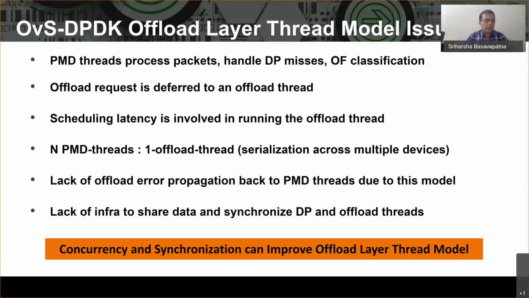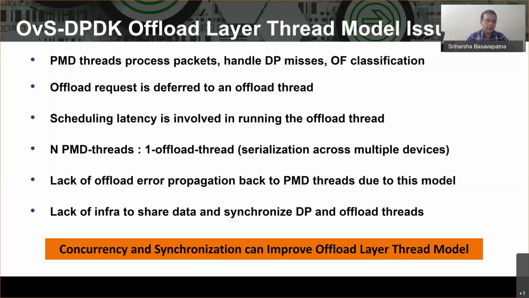Also, the number of PMD threads could be varying, based on the number of devices and the number of RX queues per device and so on. But all those PMD threads schedule the requests to one offload thread, so some kind of serialization goes on. Further, there's a lack of error propagation from the offload thread back to the PMD threads.